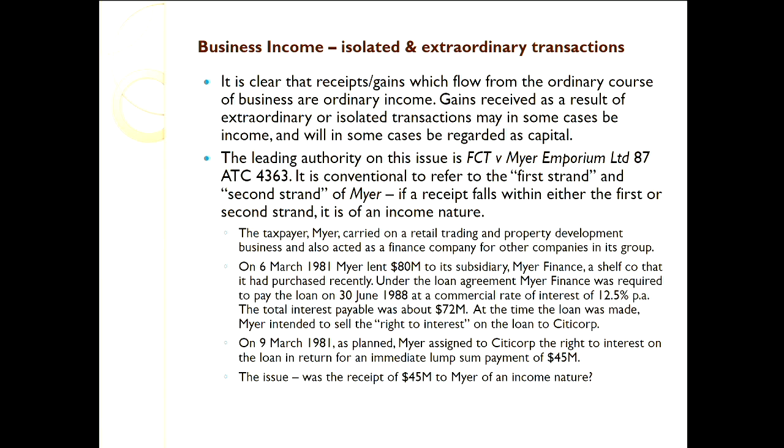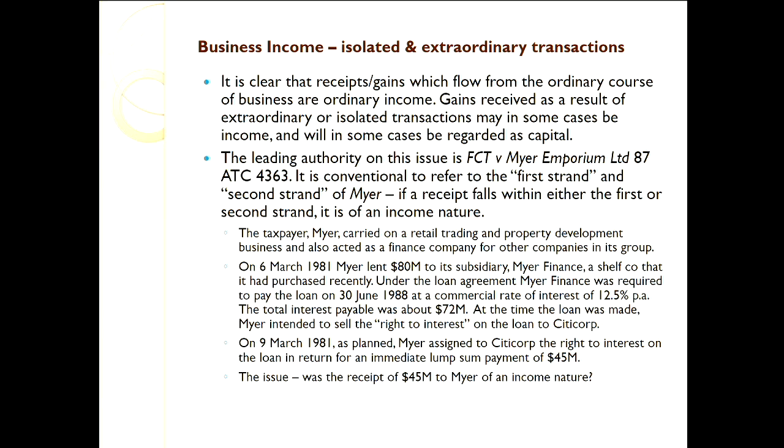Now, the Maya group will have that liability. The right to interest now belongs to Citicorp, and it will have to pay $72 million over 7 years. But Maya has judged that that is worth it for them. They're willing to pay that over 7 years in order to get $45 million now.